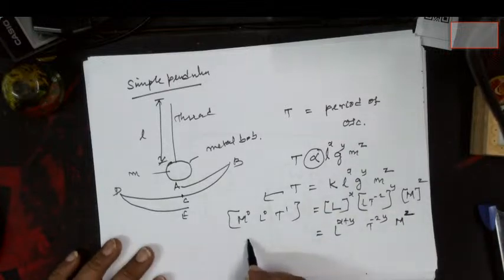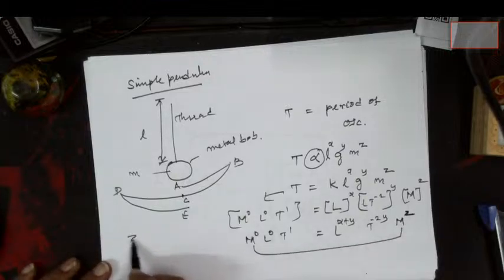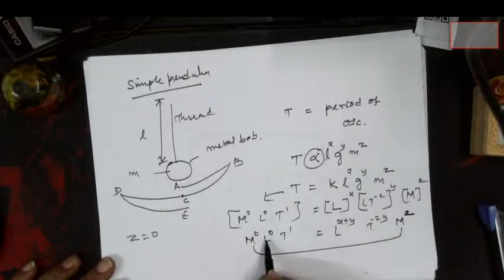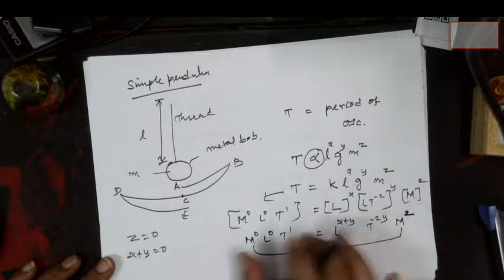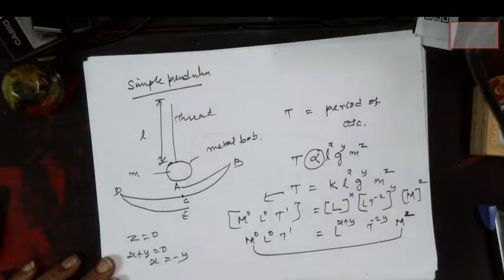So let us compare M power 0, L power 0, T power 1. Let us compare M and M. So z is equal to 0, correct? And what about L? L is x plus y is equal to 0. Let us compare the respective powers, the dimensions of RHS and LHS. So it means x is equal to minus y from this equation.